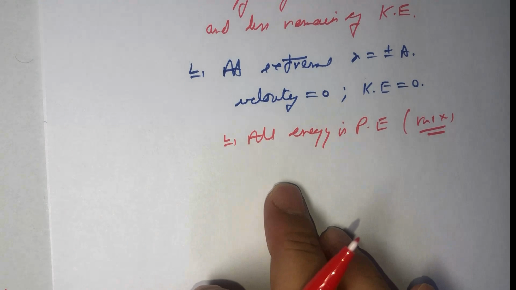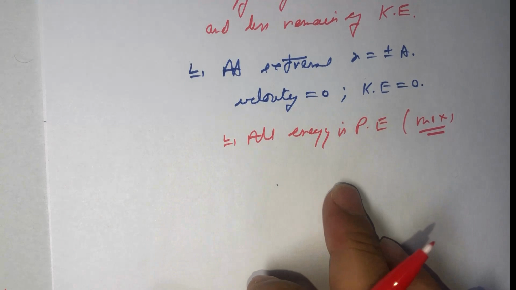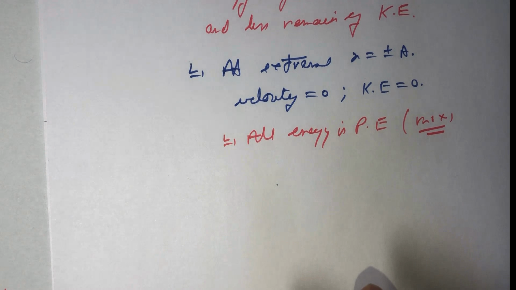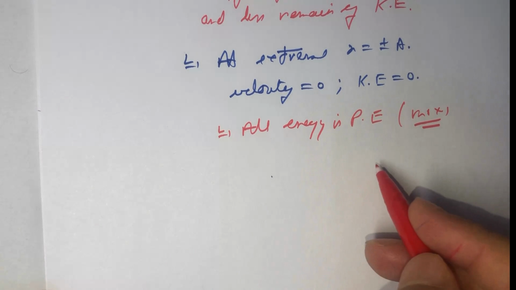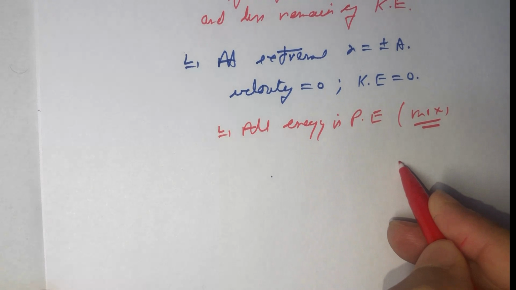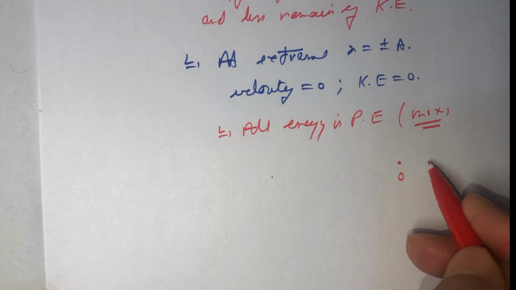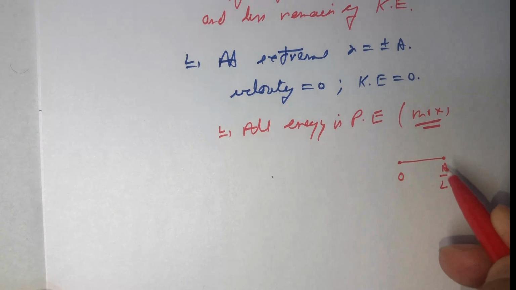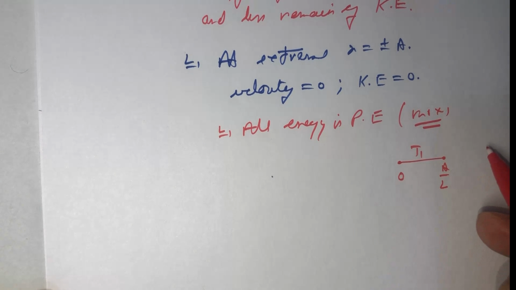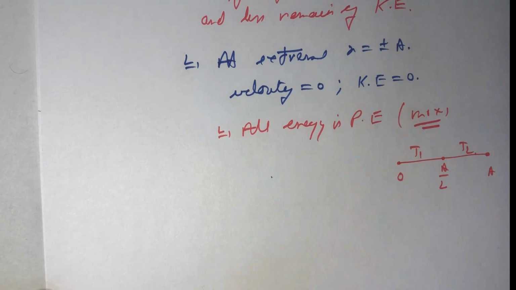So from here one conclusion is important: as we move away from the mean position, the velocity is going to continuously decrease. As the velocity continuously decreases, the time taken to travel the distance is going to increase. Based on this, we have a mean position O, and the particle moves from O to A by 2 in time t1, and from A by 2 towards A in time t2.